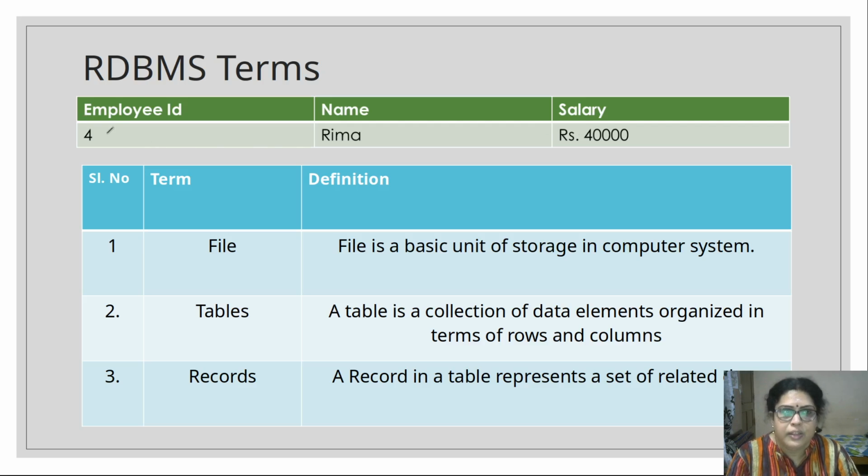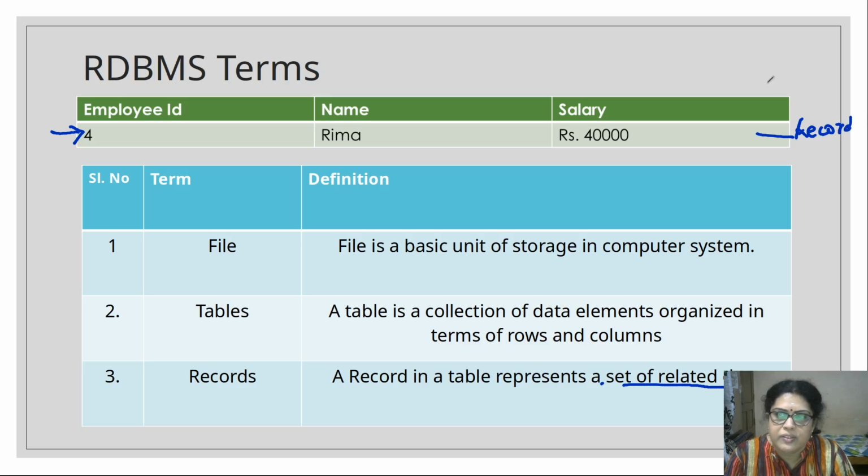So in RDBMS terms, this particular row is telling about Rima, her employee ID is 4 and her salary is 40,000. This is logically related data. A record in a table represents a set of related data. So this particular row is known as a record.